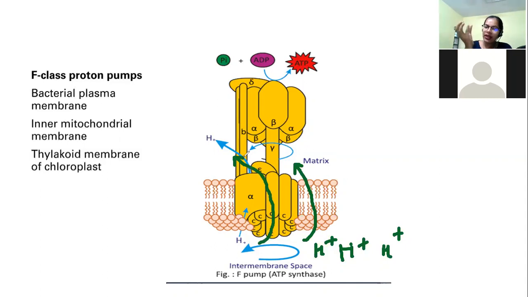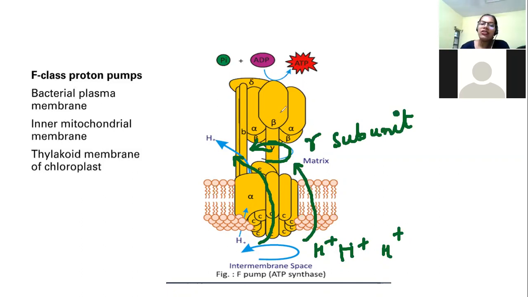It's like a motor. Now this entire thing is rotated with the help of the gamma subunit. So this is the gamma subunit. It is rotating like this. Now this rotation is helping in the conversion of your ADP and Pi to ATP.